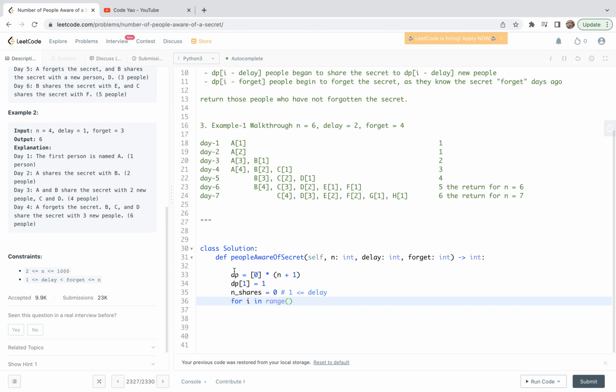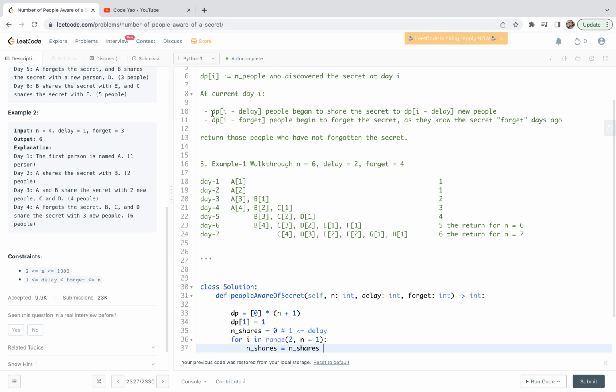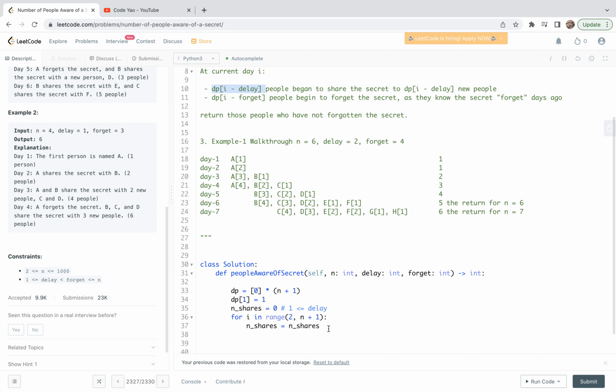So with that said, let's do the scan. For i in range, we have set the value for day 1, so we start from day 2 and end at day n, right? So we write n plus 1 here. We're going to update this n shares. This n shares equals the previous state of it, plus the number of people who began to share the secret, so we add dp i minus delay.